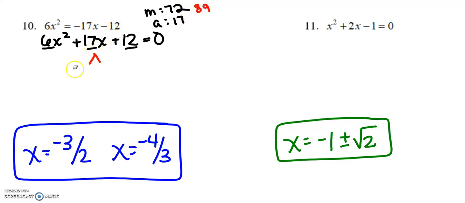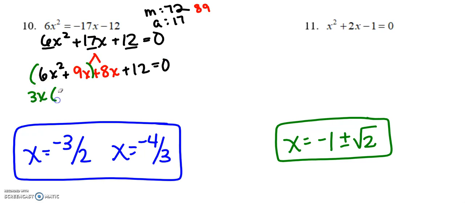So I'm going to literally split the middle term. Now, could I have split it 8 plus 9? Sure, doesn't matter. This then, 6x squared carries down, and 12 carries down, equals 0. And now I can factor by grouping. So these group together, I can take out a 3x, and I'm left with 2x plus 3.